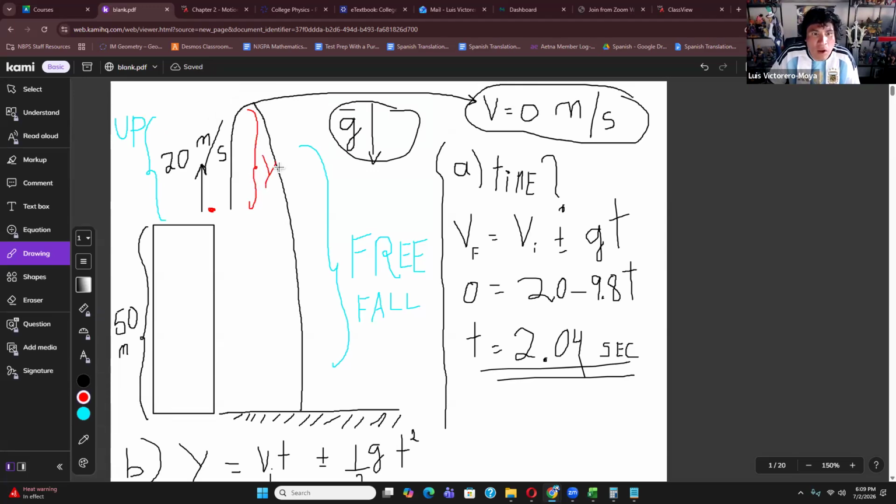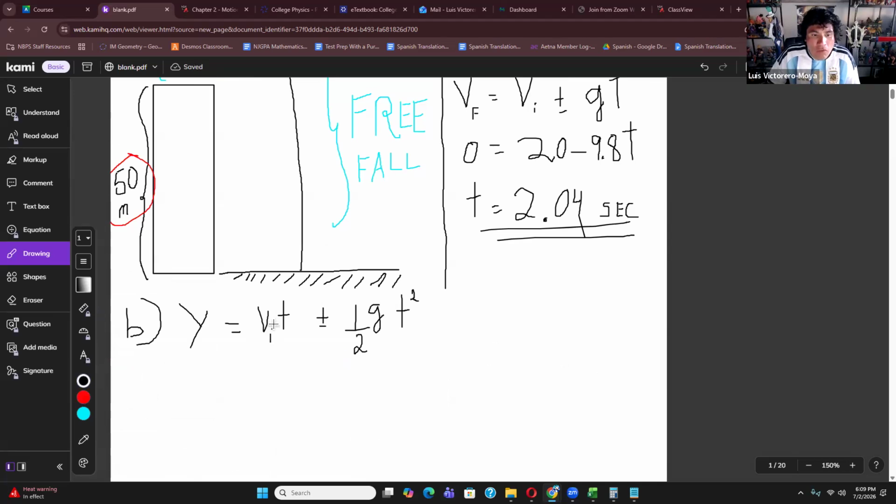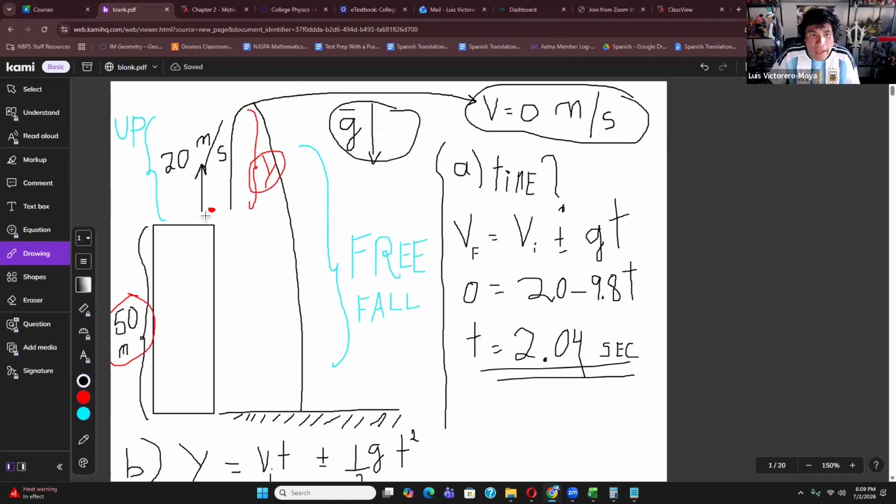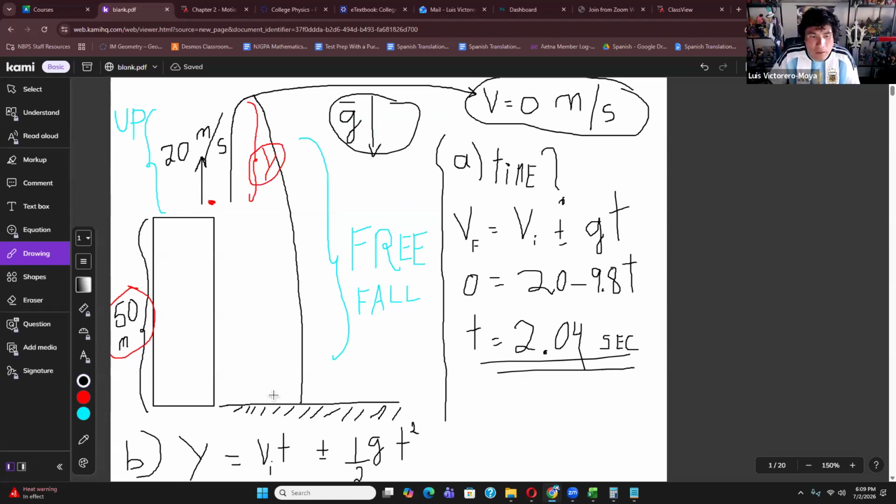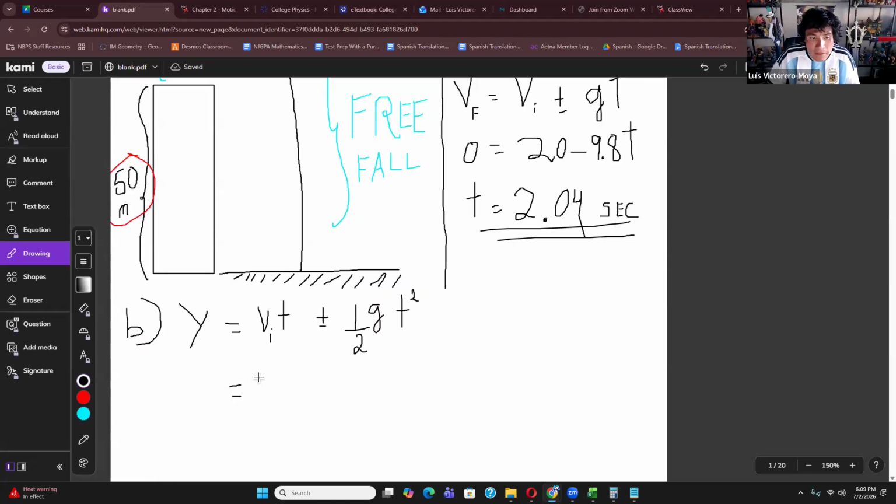That's y. So the maximum height is y plus 50, right? Now, the initial is 20. Time, you found it. Plus or minus? Again, since you are going upwards against gravity, you use minus.